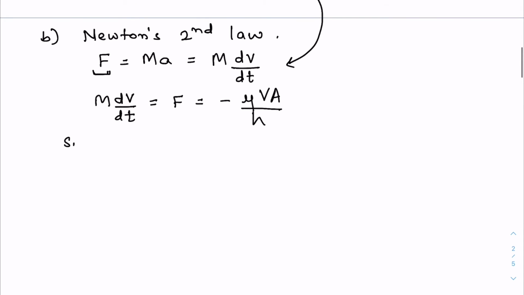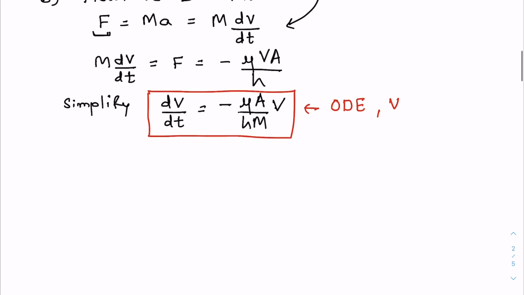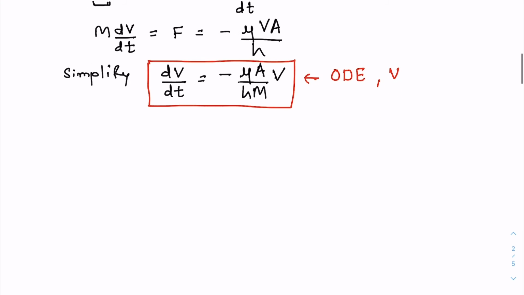Simplifying, we get dv by dt is equal to minus mu times A divided by h times m, into v. So this is an ordinary differential equation in terms of v, and we just need to integrate to find v.